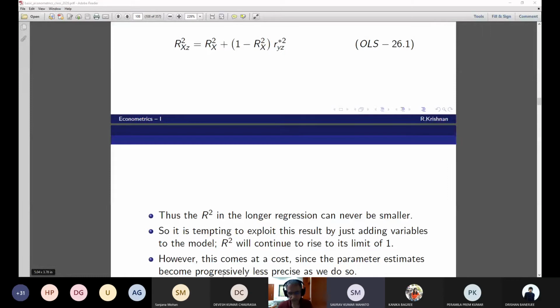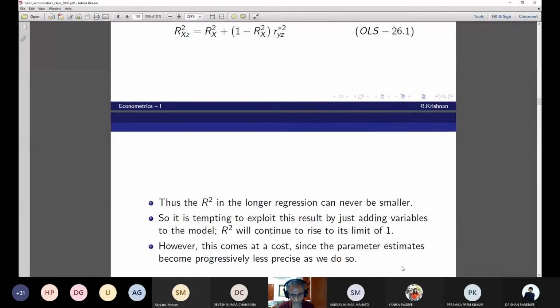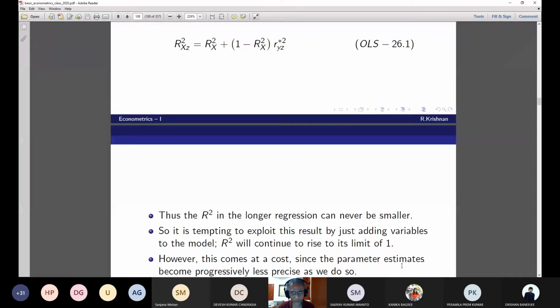Okay. So how do you answer this question? Do you think the R square in the longer regression can never be smaller?